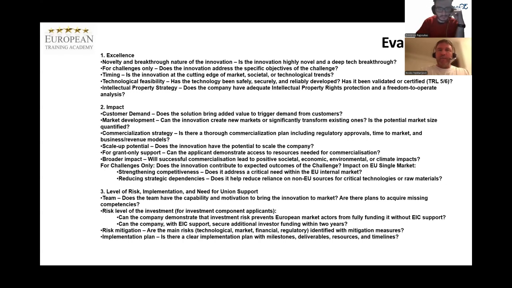So my answer to the first question, why do you need support, in terms of grant, from the EIC fund? The only right answer that's going to be sufficiently convincing is: well, we tried with the banks and we tried with investors, and here are letters or email proof that they answered us that, well, it's a great thing, but it's too risky for us to go between TRL 6 and 8.